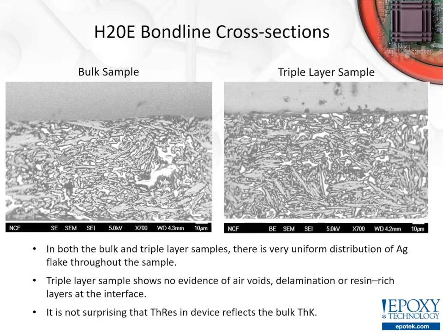In both cases, you can see no evidence of voiding, delamination, resin-rich layers. There is just a uniform high silver content throughout. No air, no resin-rich layers, giving you a good heat dissipation.